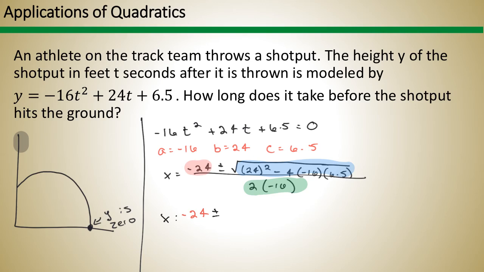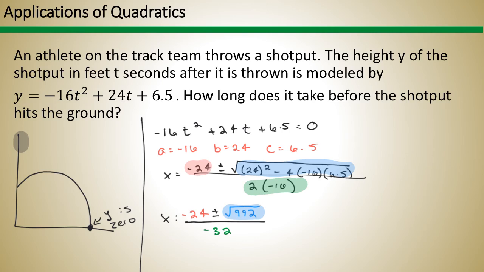That's going to be 992, so the square root of 992, all of that over negative 32. So now we're going to try to do the square root right here. What is the square root of 992? And it's a decimal.